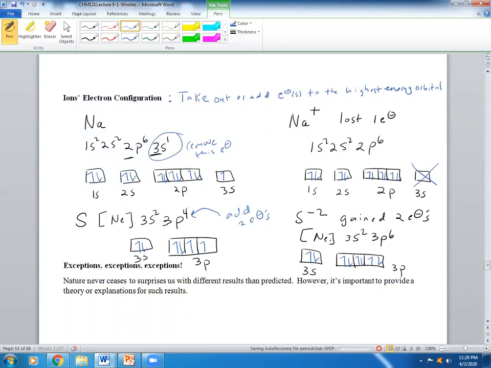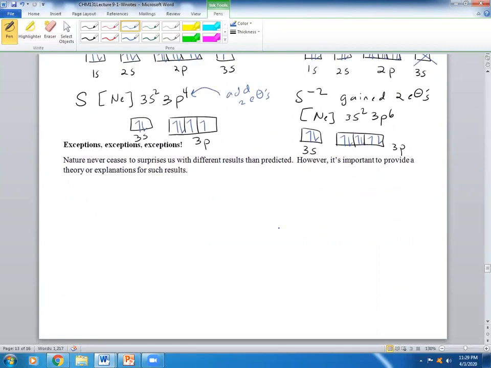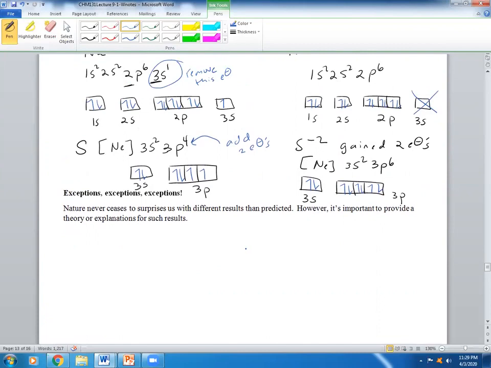Exceptions, exceptions, exceptions. One of the reasons why some students struggle with chemistry, let's say more so than biology, or sometimes more so than physics, is exceptions. Exceptions are sometimes disappointing to humans because we finally developed a pattern, and then nature throws a curveball, and we're like, okay, why?